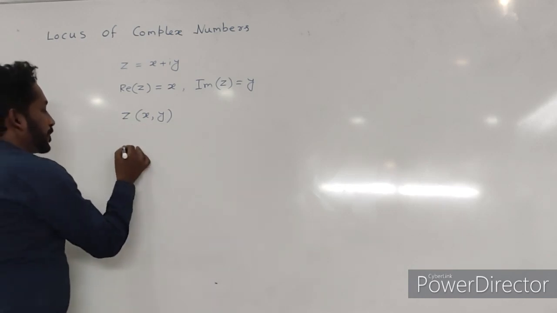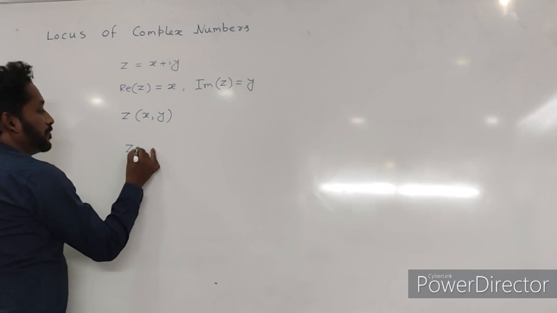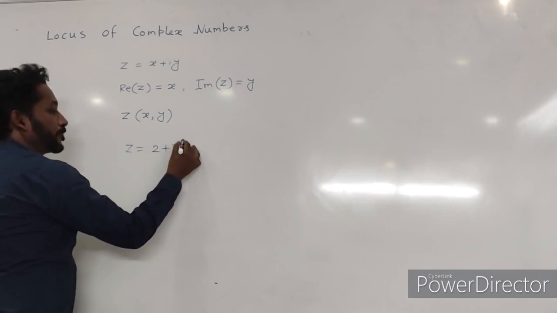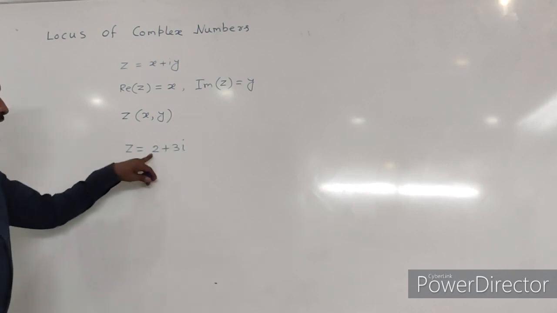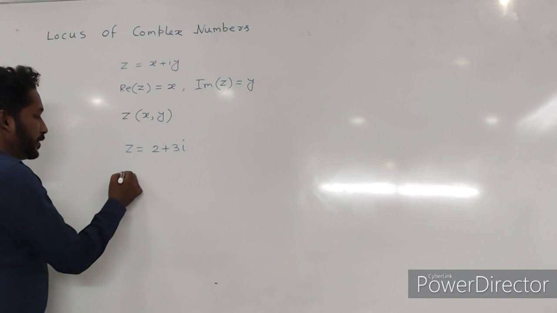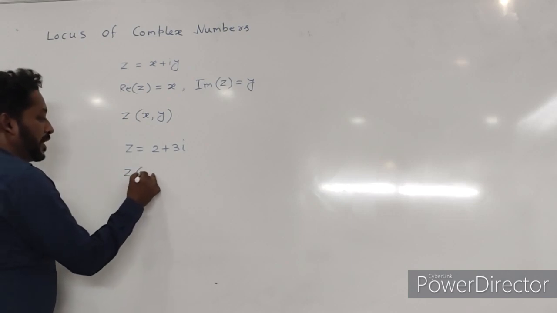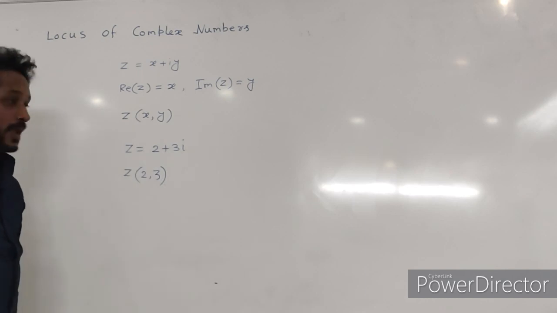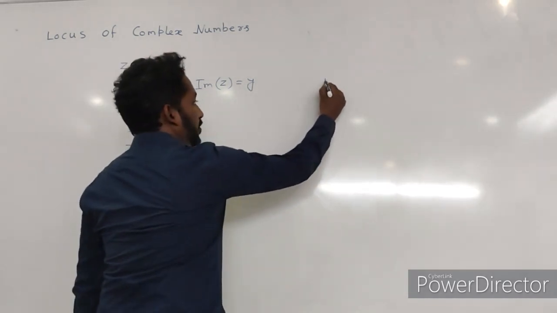For example, suppose we have some complex number which is 2 plus 3i. So here our x is 2 and y is 3. So we can denote this z by the point 2 comma 3, and then we can plot it on the graph.